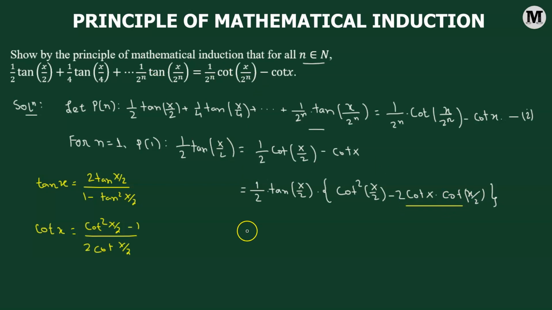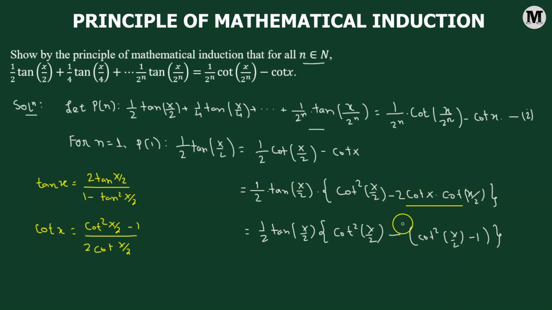That means we can replace the second term. So let's write down half, we have tangent of x over 2, multiplied to cotangent squared x over 2. In place of 2 times cotangent of x times cotangent of x over 2, we can replace it with cotangent squared x over 2 minus 1.